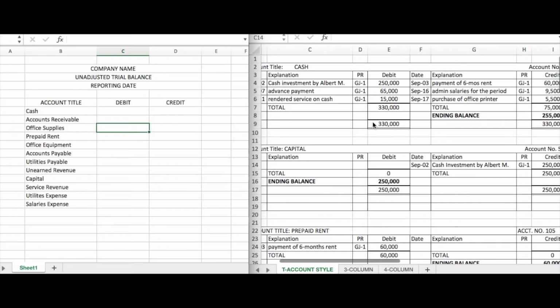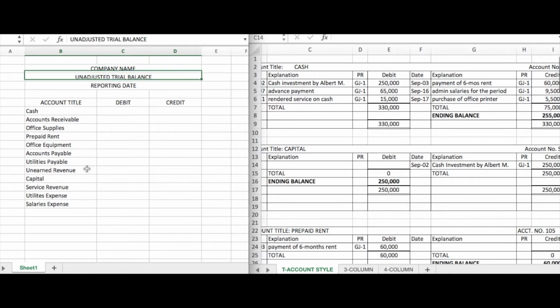But before that, let's first understand this file. This is the template for the unadjusted trial balance. This can also be downloaded in this lesson. Remember that the unadjusted trial balance is also a formal management report, a formal financial report, though it's not a financial statement.